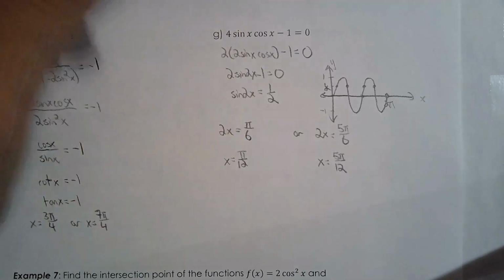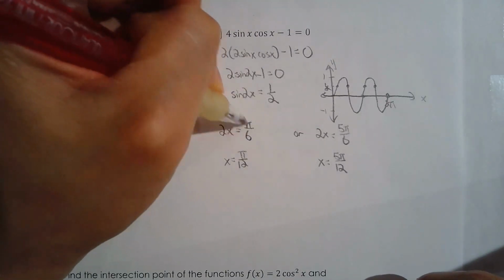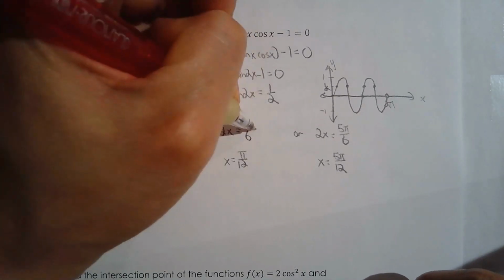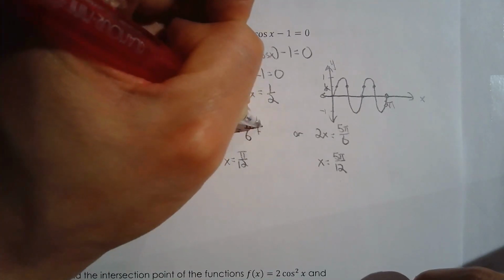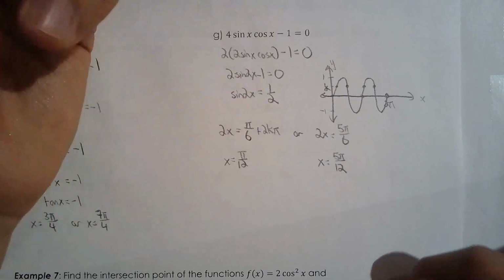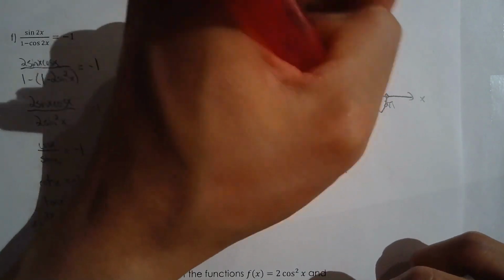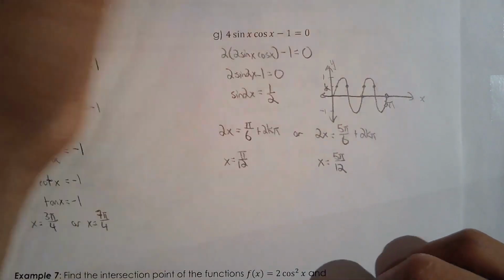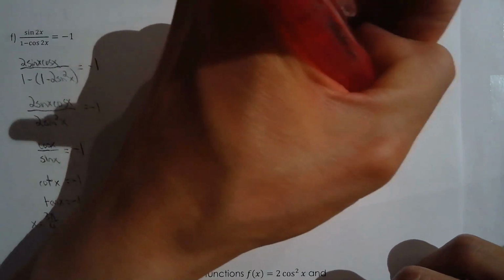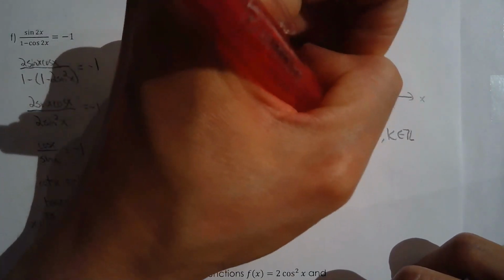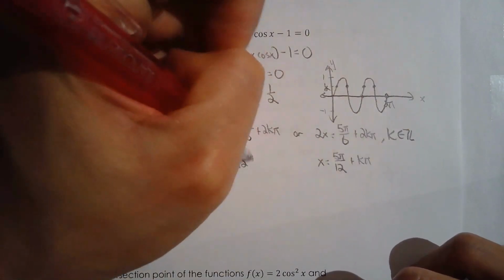Okay? So what you should have said instead is any 2x could be pi over 6, absolutely, or any angle coterminal to pi over 6, or any angle coterminal to 5 pi over 6. And of course, k is an integer, and then you'll get beautiful k pi.